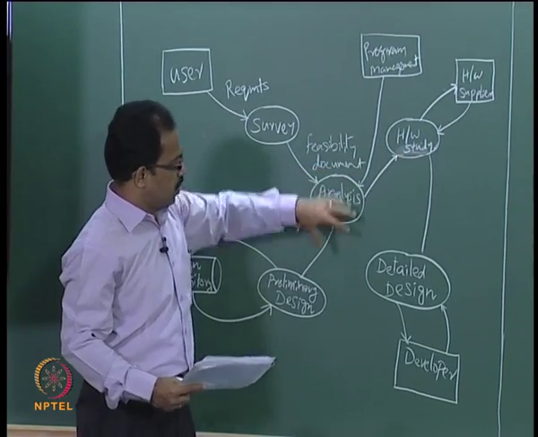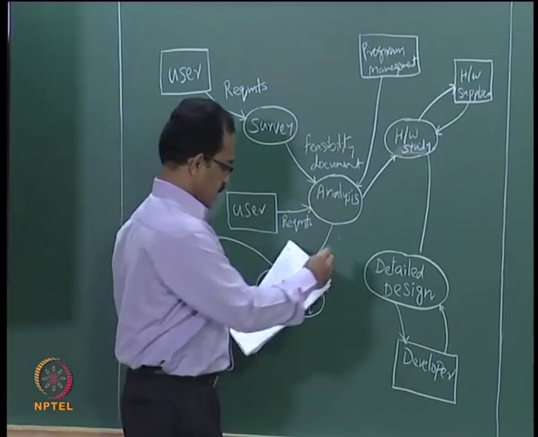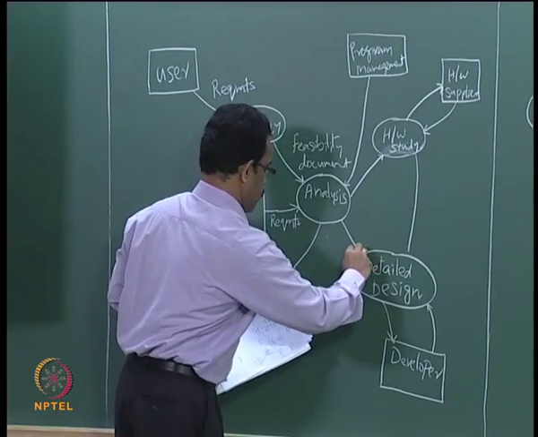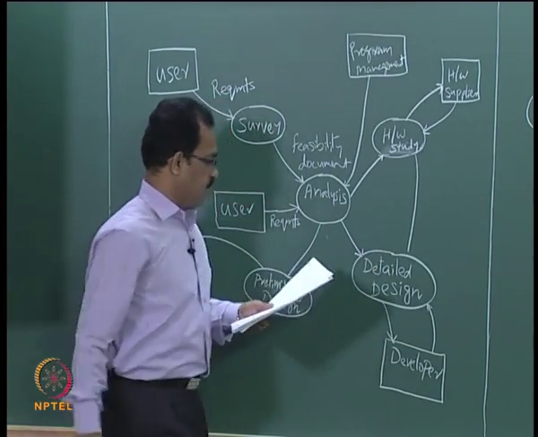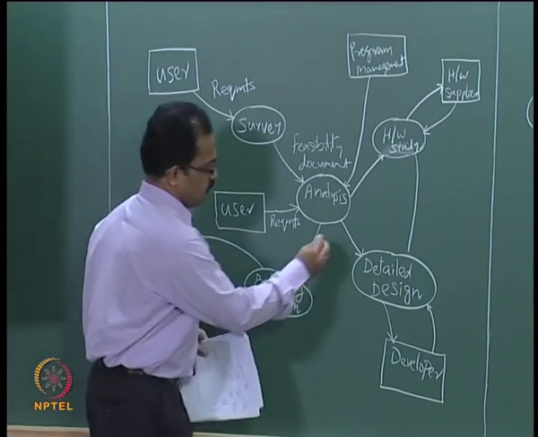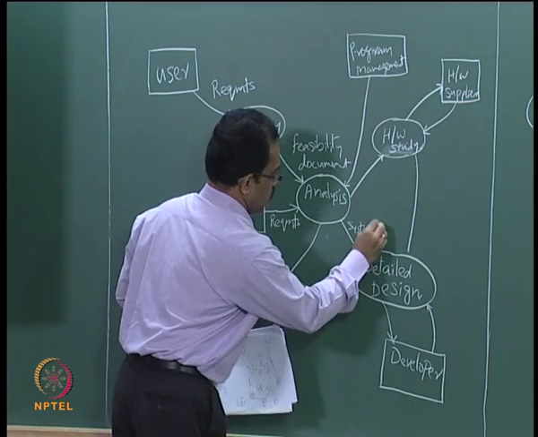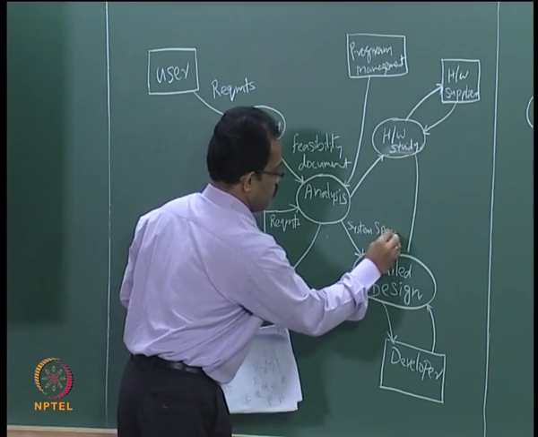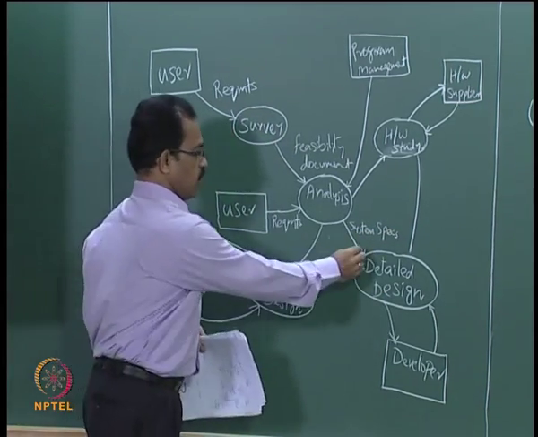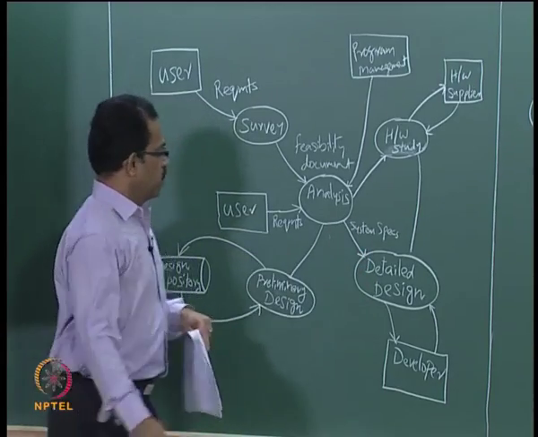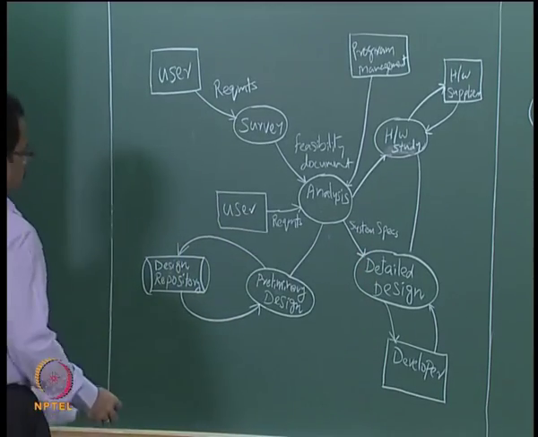Once all this data is complete, it will go to the detailed design. Of course, there will also be an interaction between the detailed design team and the analysis team. Here the system specifications, or system specs, will be delivered to the detailed design team.